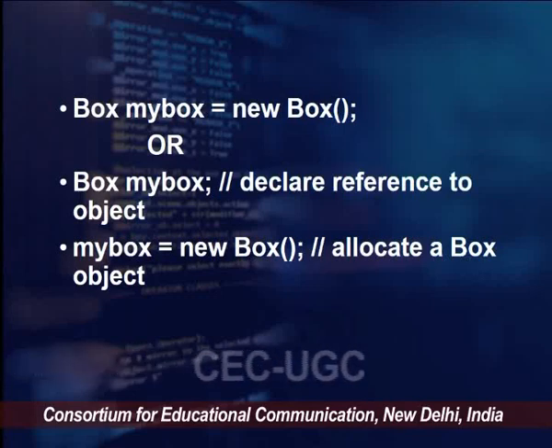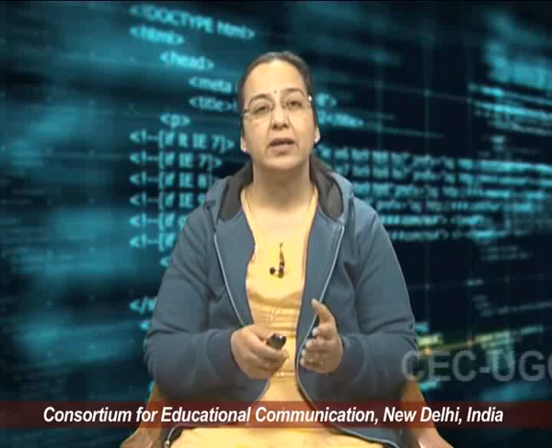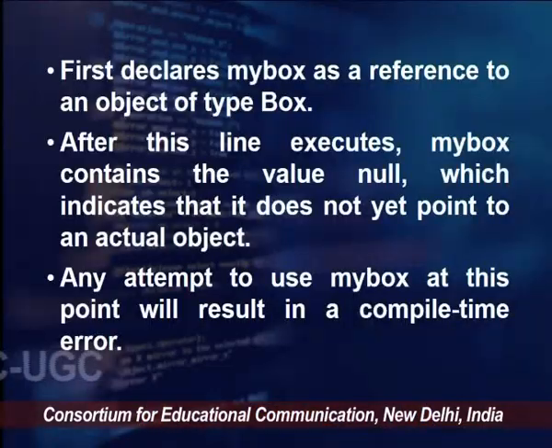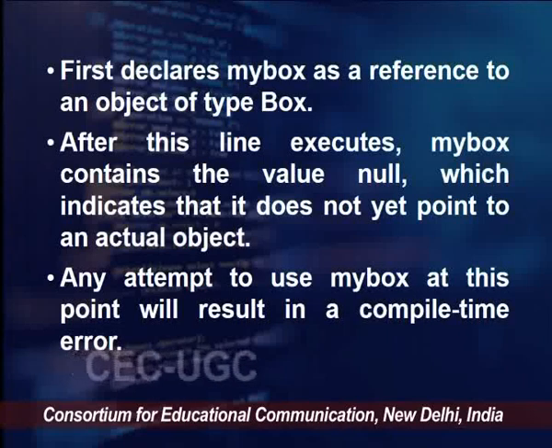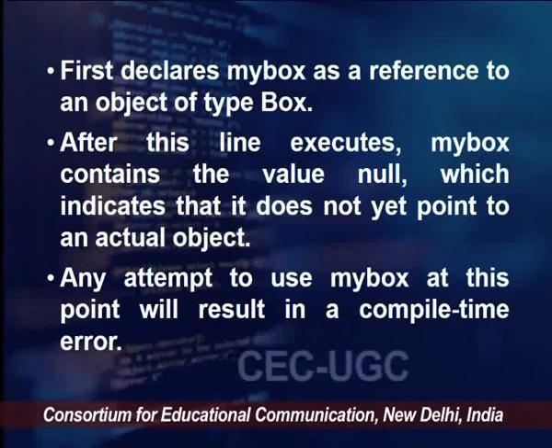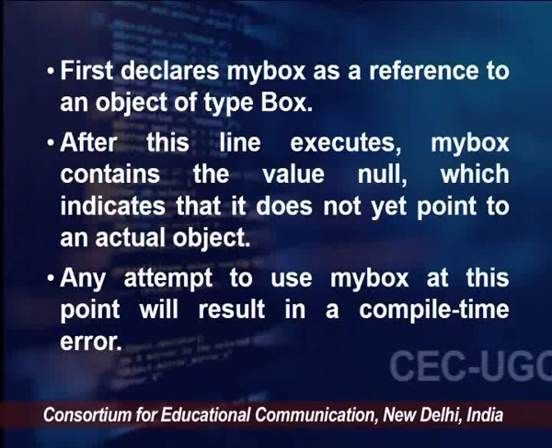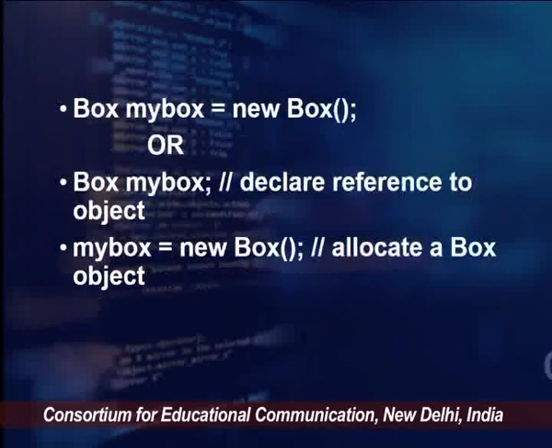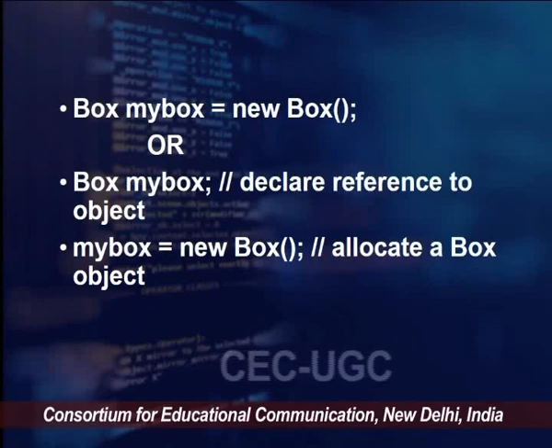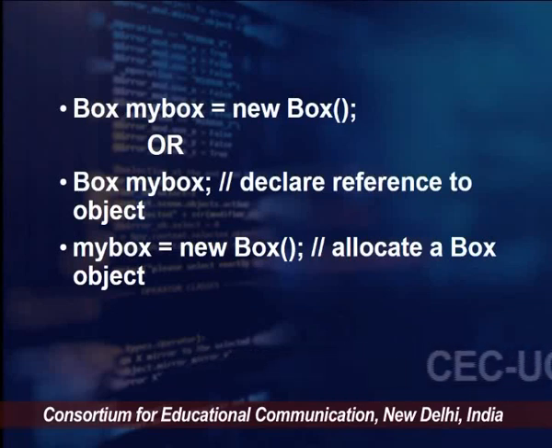Now we need to understand this very carefully: in the first statement only a reference to the object is being created, no actual object, no memory is being allocated for the object. So the first line declares myBox as a reference to an object of type Box, and after its execution, any reference to myBox will give you an error, because myBox is presently only a reference to the object.